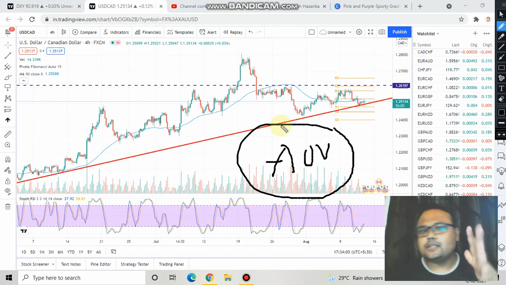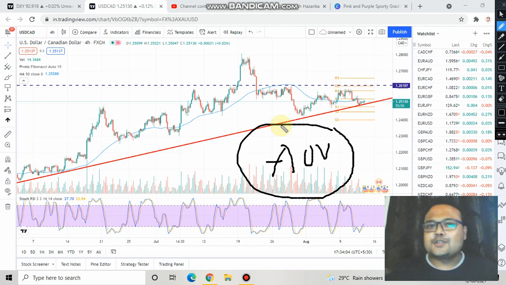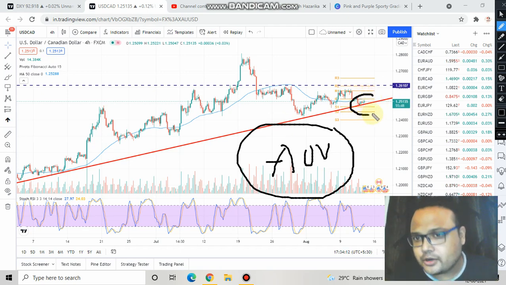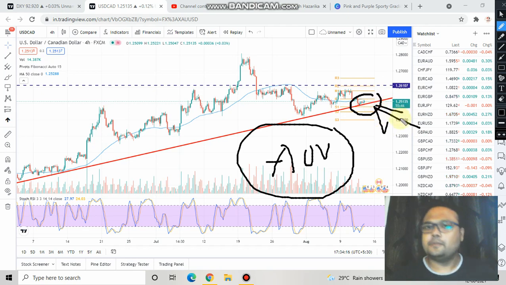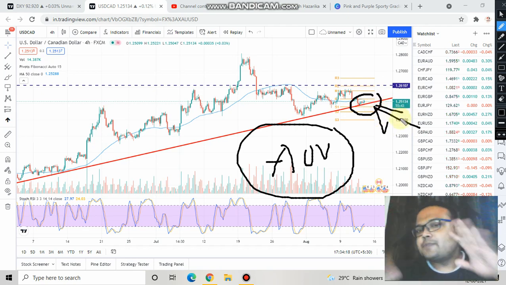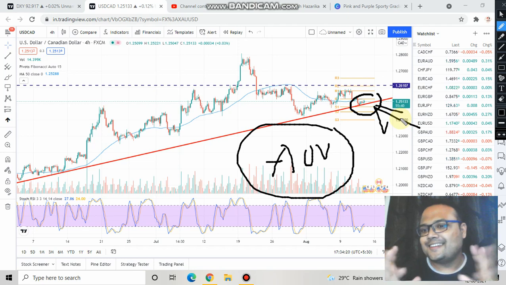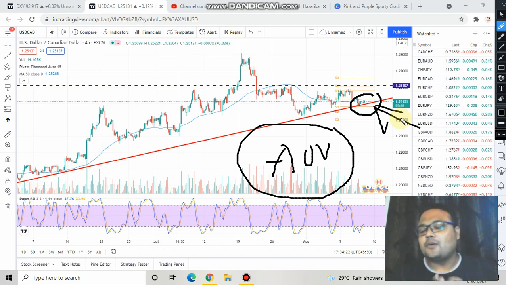Right now this market is in an uptrend, so considering all the basic rules and thumb rules of the market, we should buy here. As per the rules, the market is in the best spot right now.